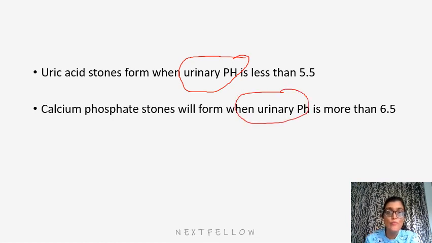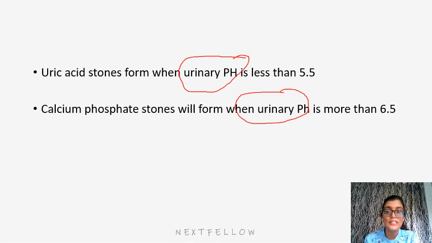So, calcium phosphate will precipitate in case of alkaline urine, whereas uric acid stones will be formed when the pH of the urine is more acidic. So, alkalization of urine, or any pathology which increases the pH of the urine, will lead to precipitation of calcium phosphate stones.